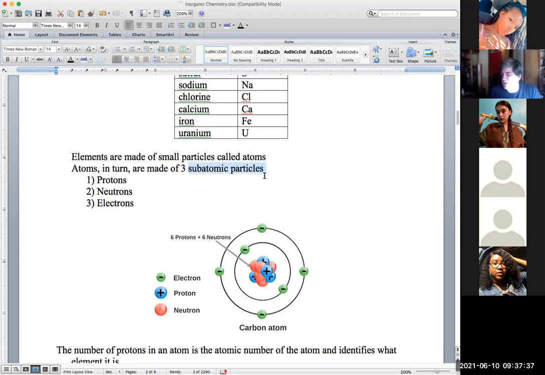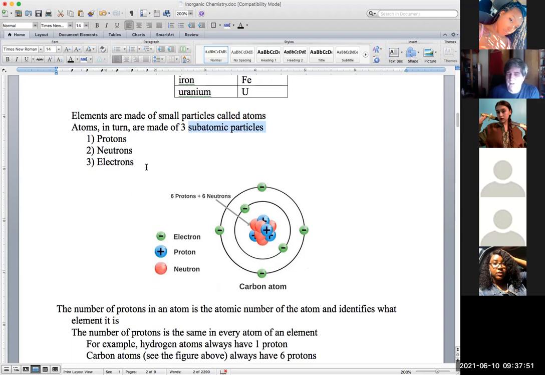Now, sub means below. A submarine goes below the water. So subatomic particles are below the level of an atom. They're smaller than an atom. And there are 3 types of subatomic particles. There are protons, neutrons, and electrons.